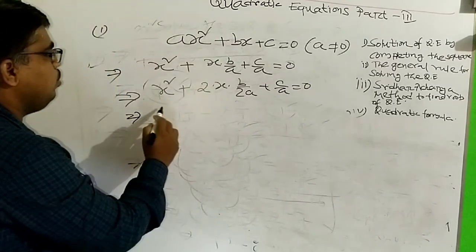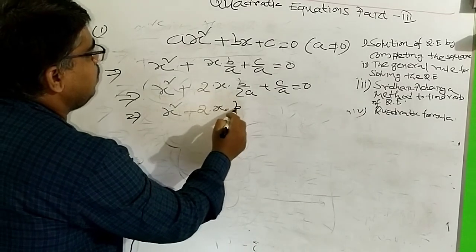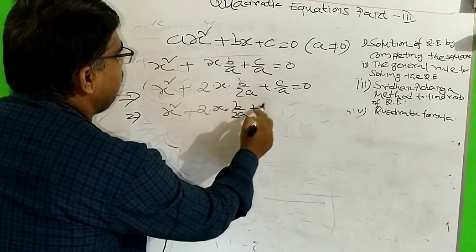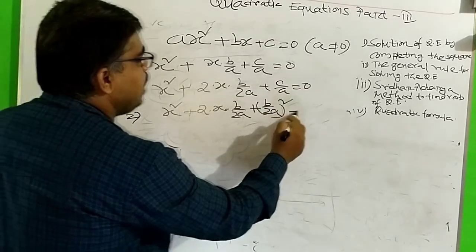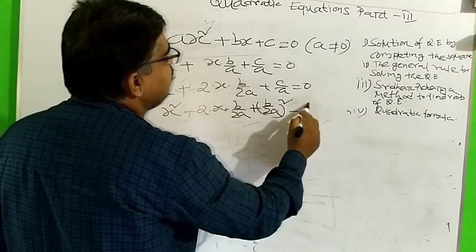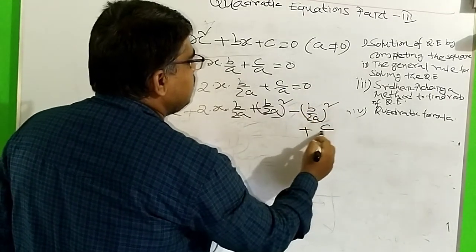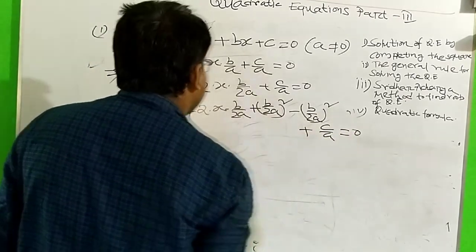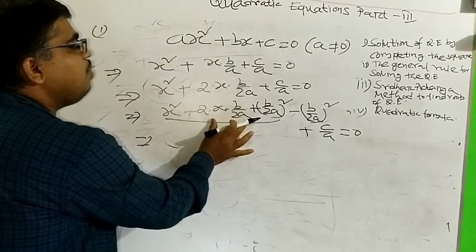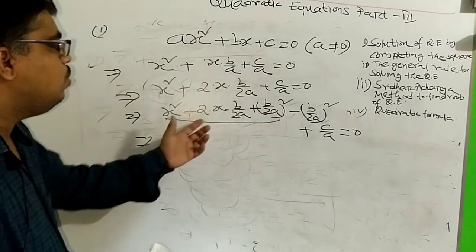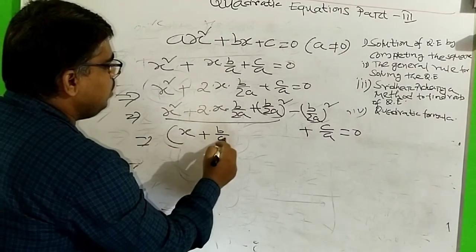This implies x square plus 2 into x into b by 2a plus b by 2a whole square. We add b by 2a whole square, again we subtract b by 2a whole square, the resultant is 0, no problem, and you write it as plus c by a equal to 0. We write this expression as a perfect square, that is, whole square of x plus b by 2a.